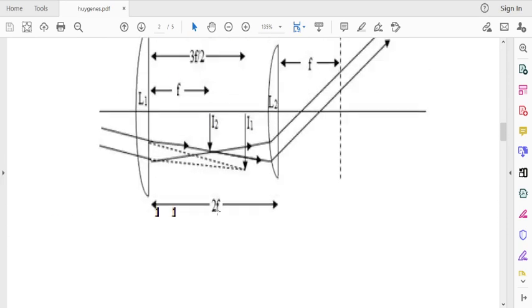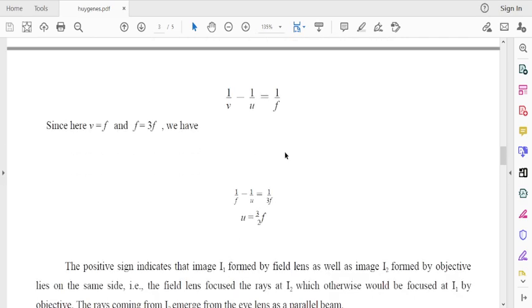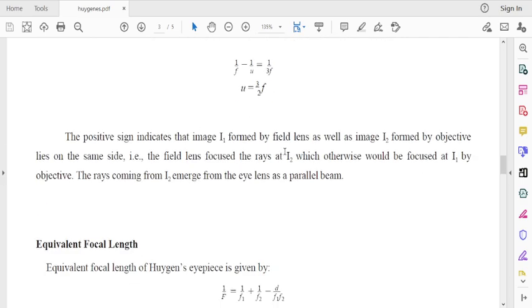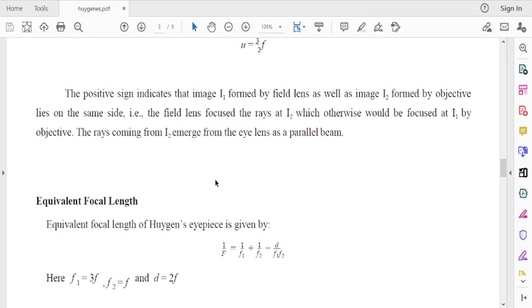Here the rays coming from I2 emerge as a parallel beam. Then what about its equivalent focal length?